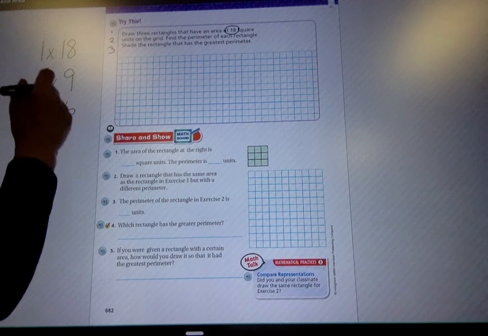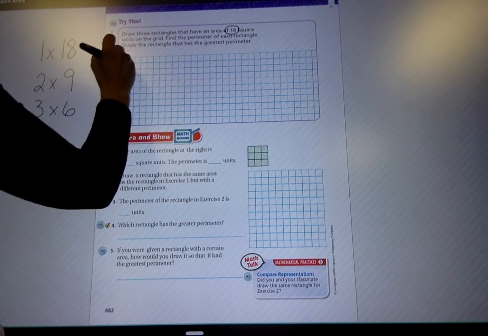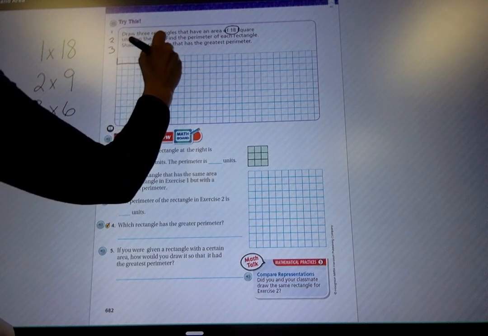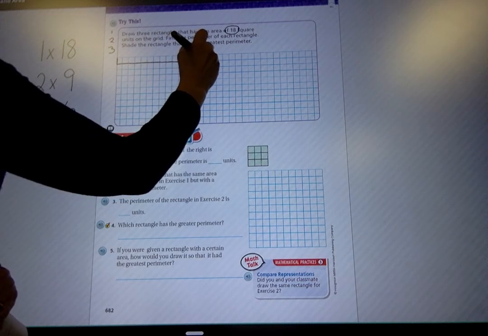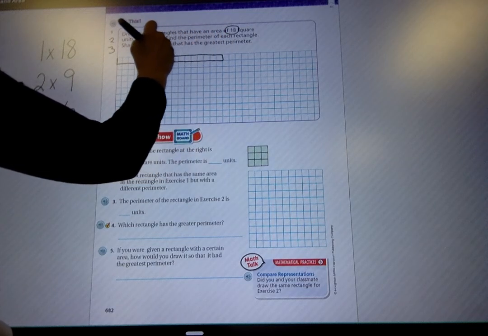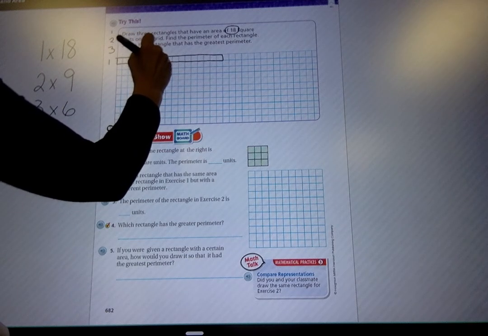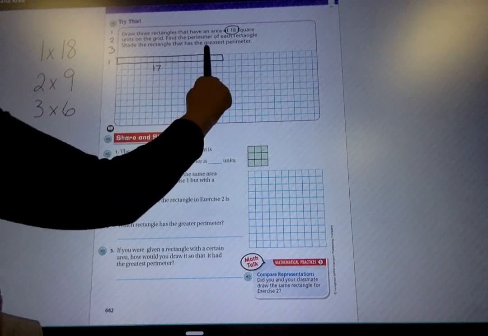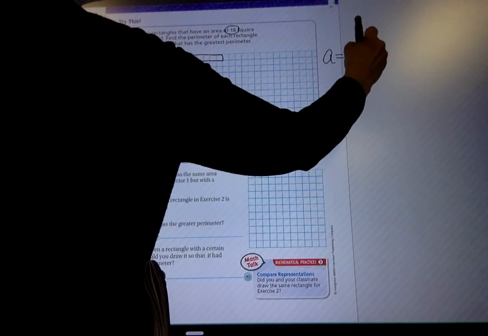So you are going to draw 1 by 18. 1, 2, 3, 4, 5, 6, 7, 8, 9, 10, 11, 12, 13, 14, 15, 16, 17. This is 1 by 17. The area of the rectangle is 17.